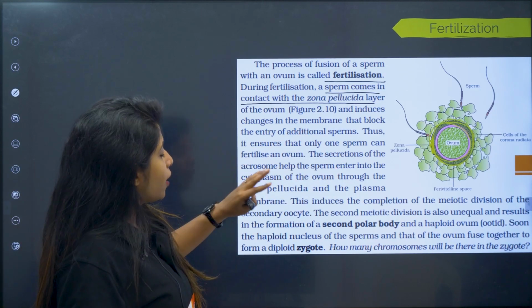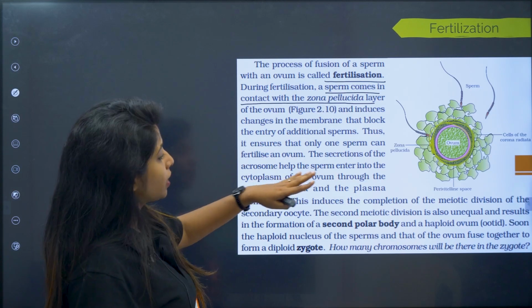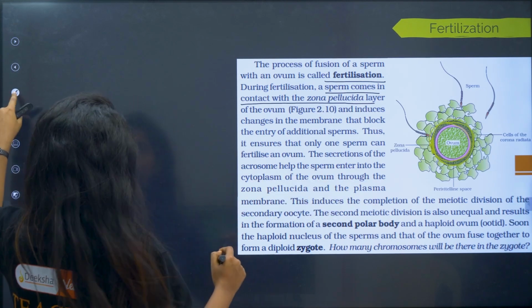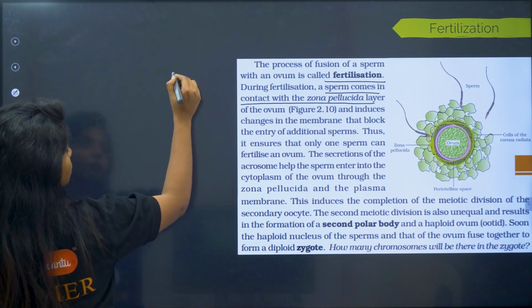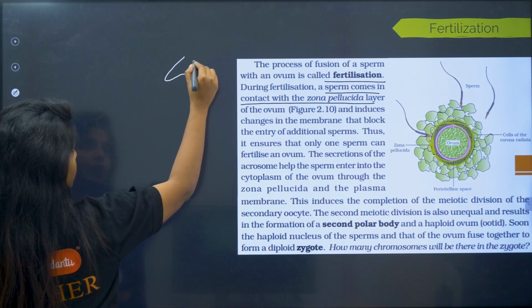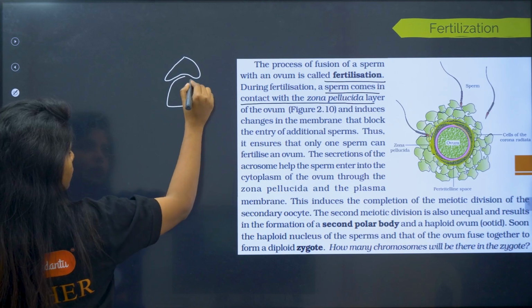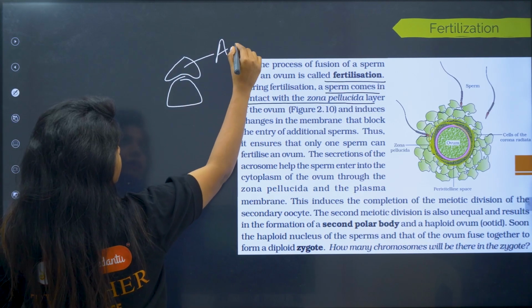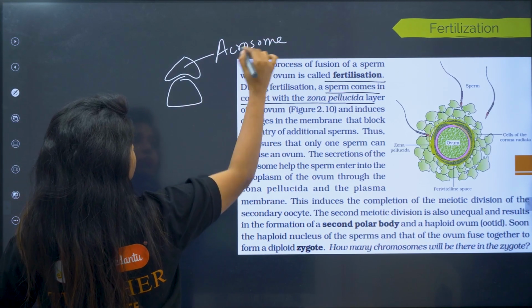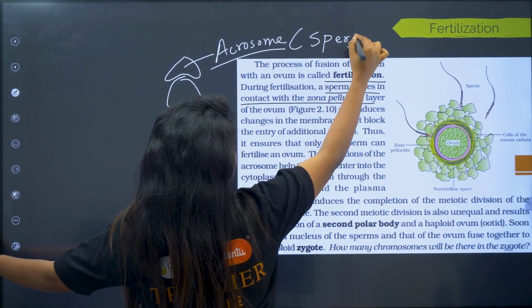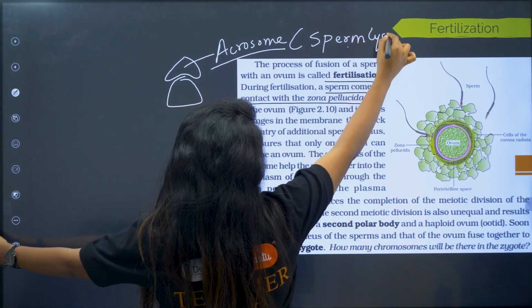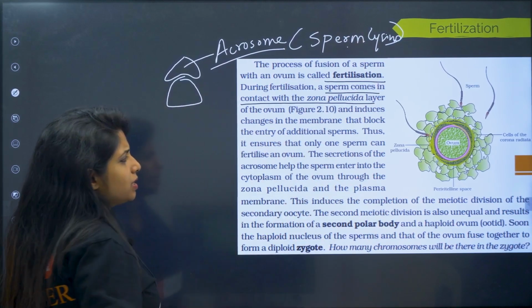The secretions of the acrosome help the sperm enter into the cytoplasm of the ovum through the zona pellucida. If you have seen the picture of the sperm that we already made, at the top region there is something known as the acrosome. Now the acrosome has enzymes which you call sperm lysins, those that can break proteins and all of that.